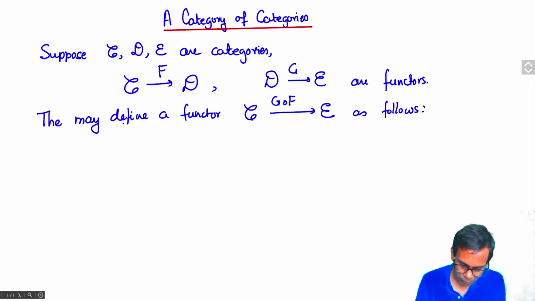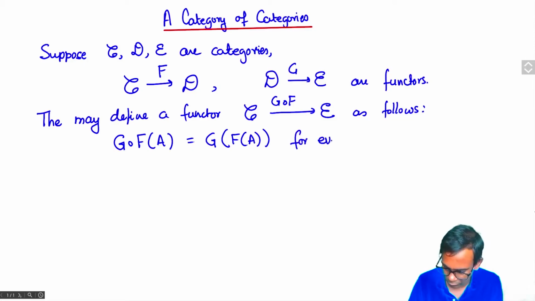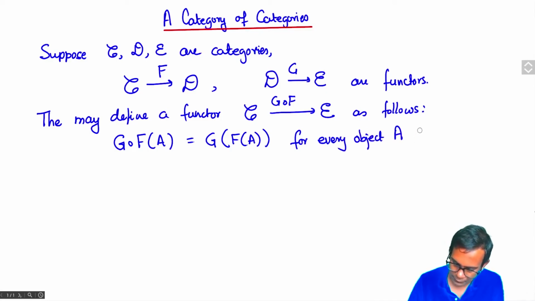At the level of objects, G circle F of A is G of F of A. This makes perfect sense because F of A is an object in the category D, and G is a functor from D to E, so this is an object in the category E. So G circle F of A is an object in E, and this is for every object A of C.